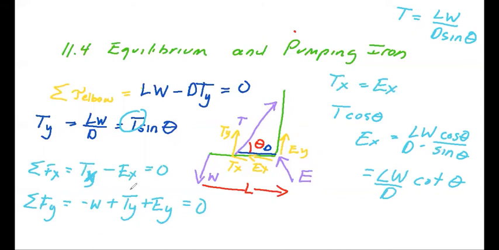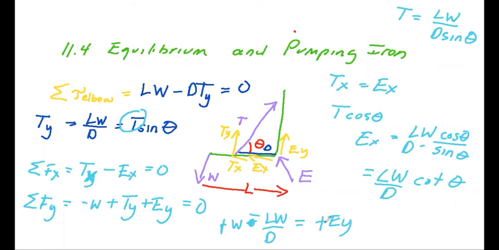All right, for E sub Y, let's see. We're going to have a T sub Y, which I've already defined as LW over D. So negative W plus LW over D equals negative E sub Y. So let's go ahead and multiply by a negative there.